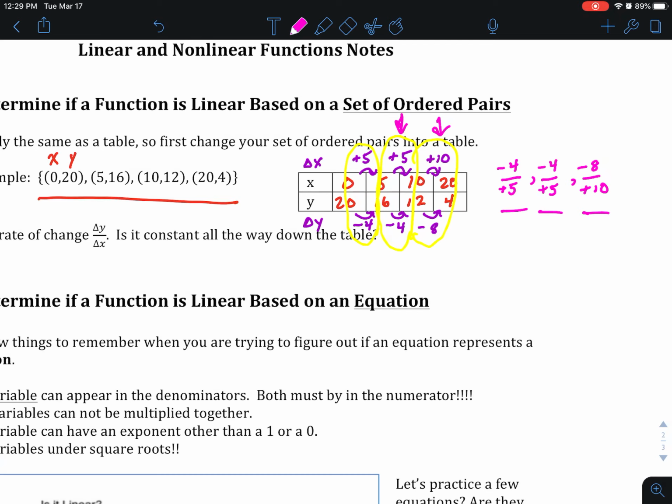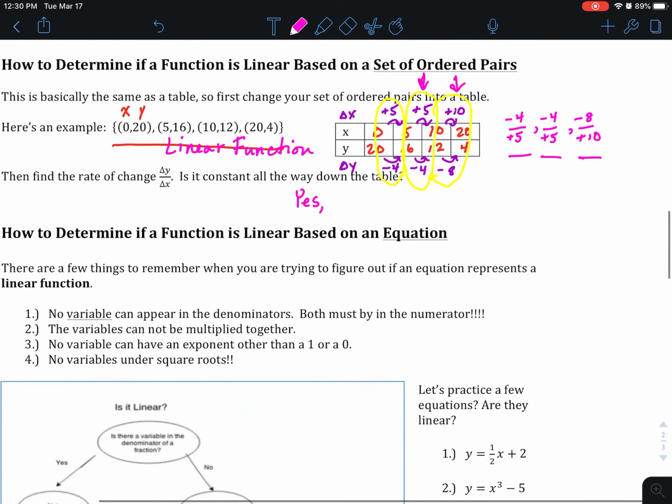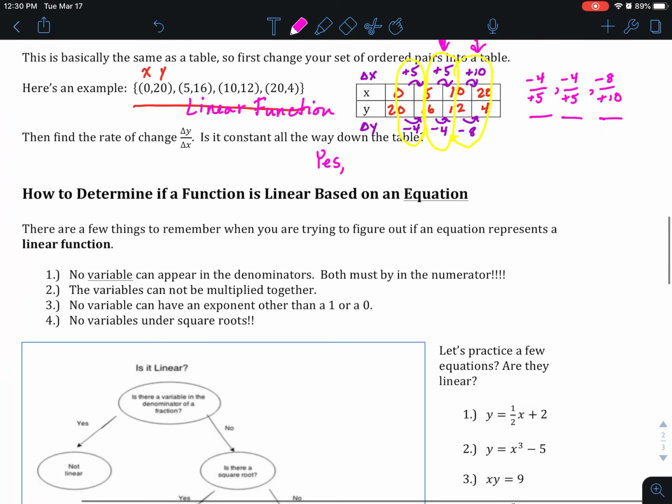So is the delta y over delta x, or the rate of change, constant? Yes, which means that this set of ordered pairs is a linear function. So again, if you've got ordered pairs, turn them into a table, and then find the rate of change, which is the fraction, and see if it's constant.